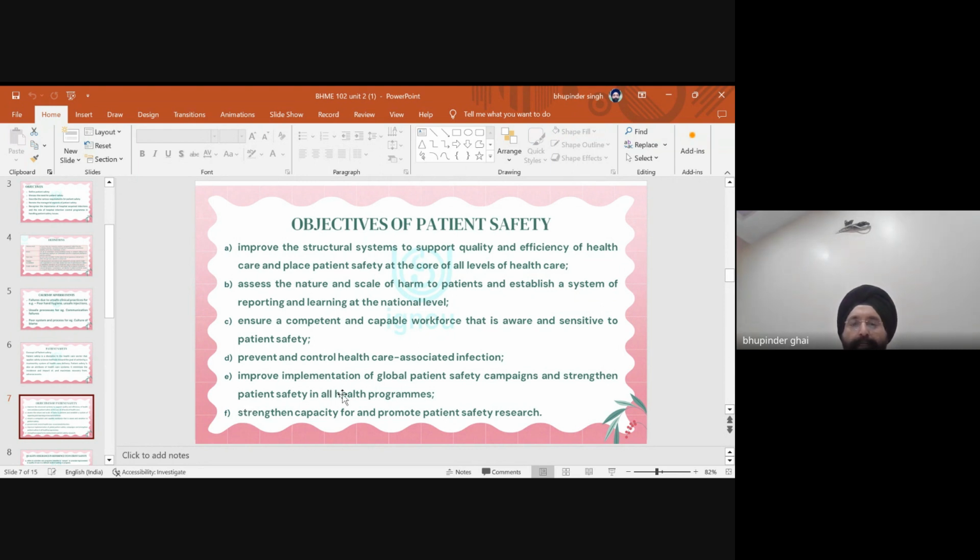Improve implementation of the global patient safety campaign and strengthen patient safety in all health programs, and also strengthen capacity to promote patient safety research. That means the objective of patient safety is to promote or strengthen the research on patient safety.